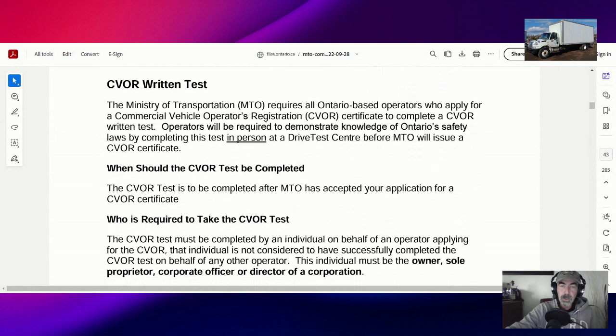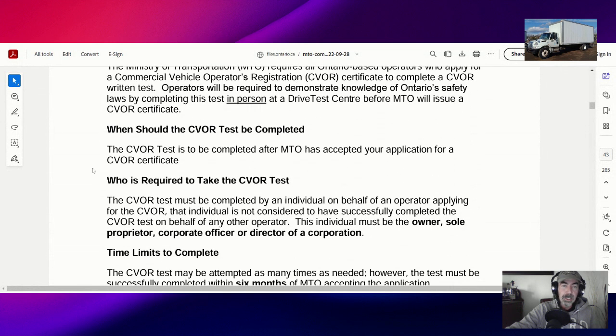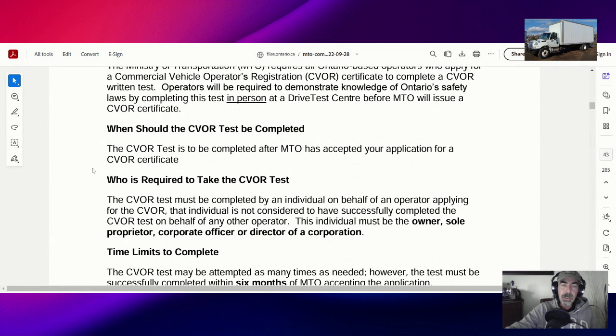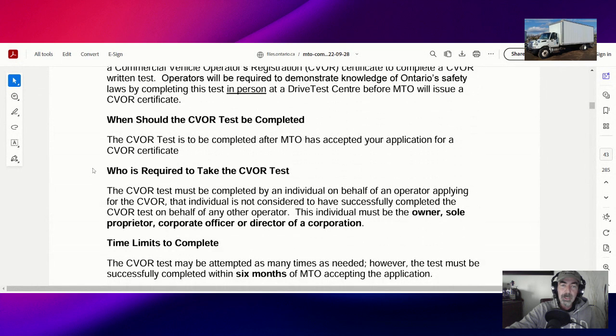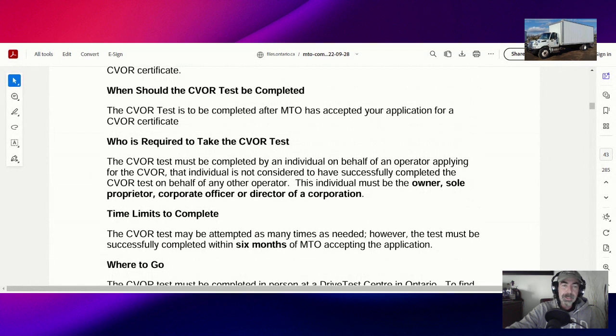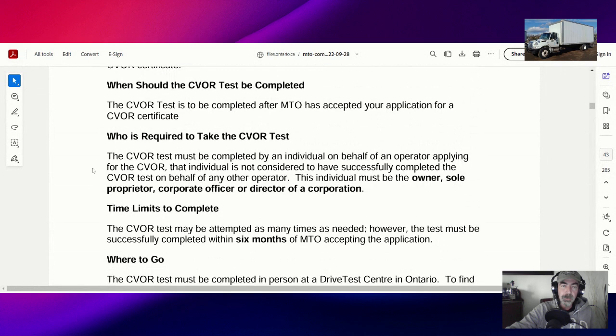Operators will be required to demonstrate knowledge of Ontario's safety laws by completing this test in person at a drive test center before MTO will issue a CVOR certificate. When should the CVOR test be completed? The CVOR test is to be completed after MTO has accepted your application for a CVOR certificate.